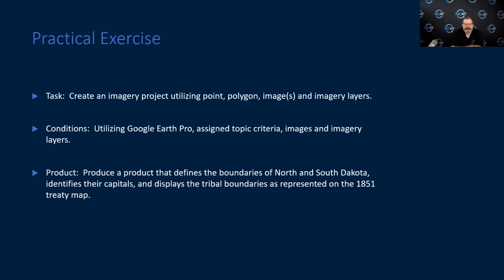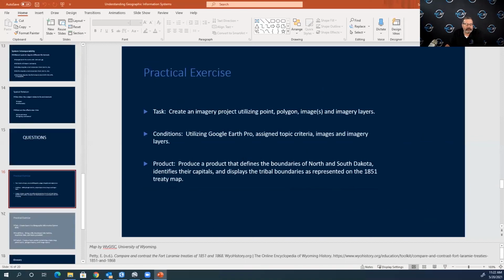Your product is to produce a product that defines the boundaries of North and South Dakota. I picked two easy states. And identifies their capitals and displays tribal boundaries as represented in the 1851 treaty map. So you're saying, holy cow. Let's bring this down and bring up Google Earth.